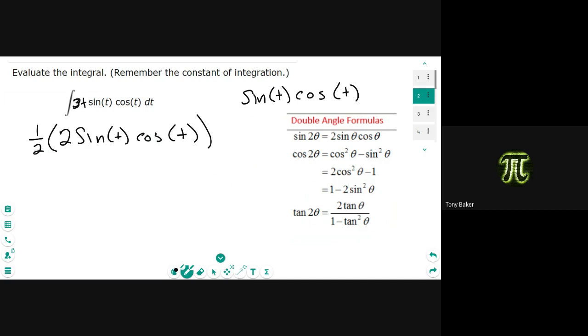Yeah, because I'm just multiplying by 2 and dividing by 2. What's 1/2 times 2? 1, right? So I can change this to sine 2t. So I now have 3 over 2 t sine of 2t.